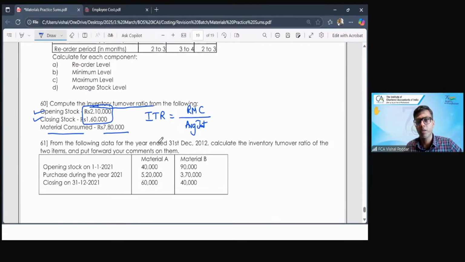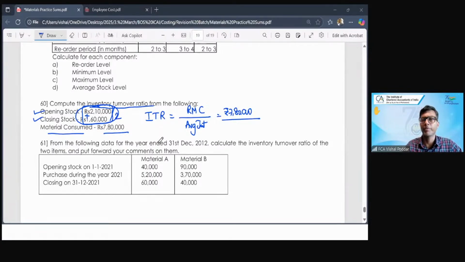So I take raw material consumed 780 upon average stock. So average of opening plus closing, opening plus closing upon 2. This gives you the average stock. So the average stock which I'm getting over here is 210 plus 160 is 370. 370 upon 2 is my average stock, which is 185.